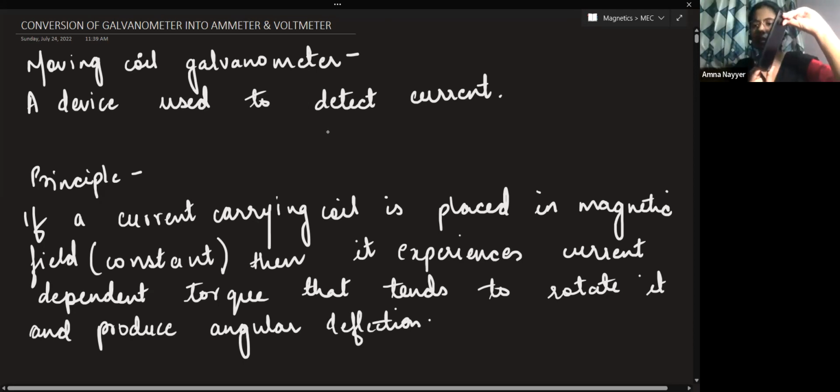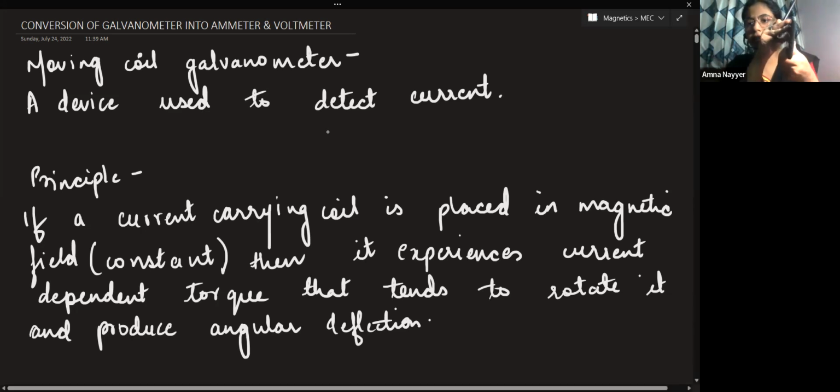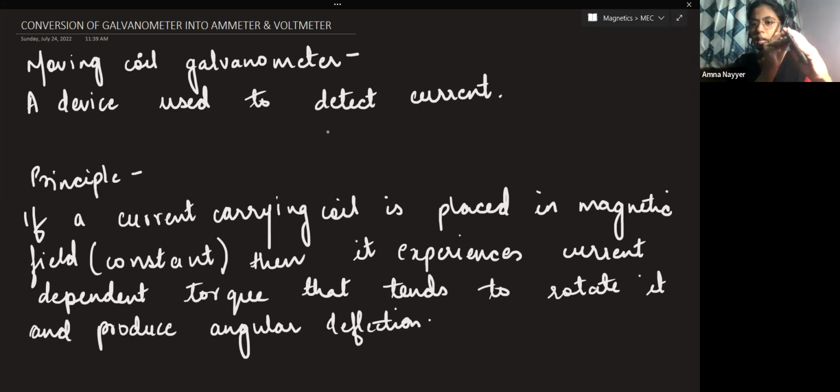Like this is deflection. Angular deflection means we are able to calculate this angle. We are able to measure this angle. That's why we are saying angular deflection, because if it is deflecting like this, and you look at it from the top view, this angle, can you measure this arc? So that's why we call it angular deflection.